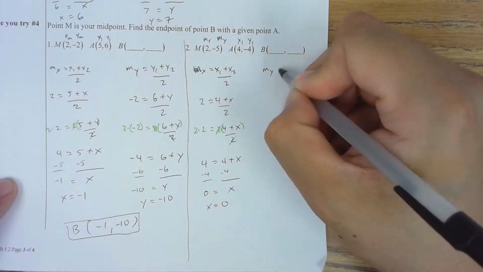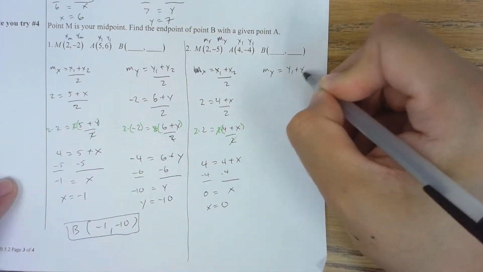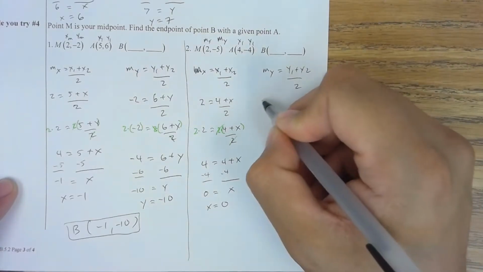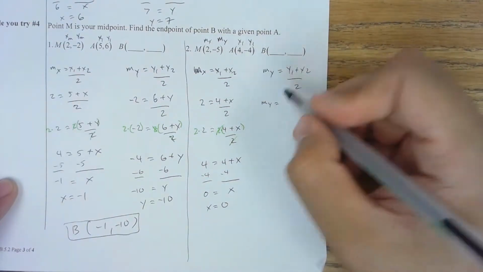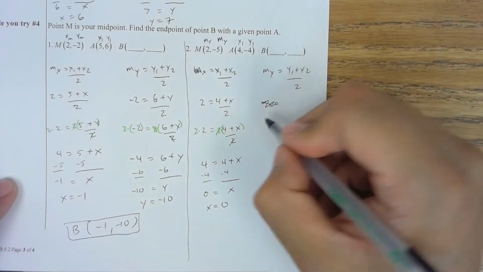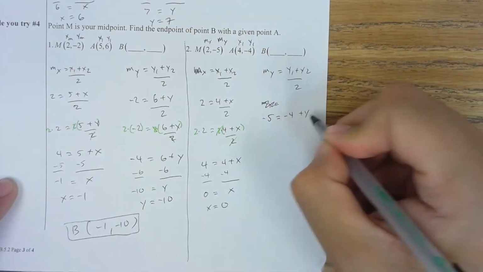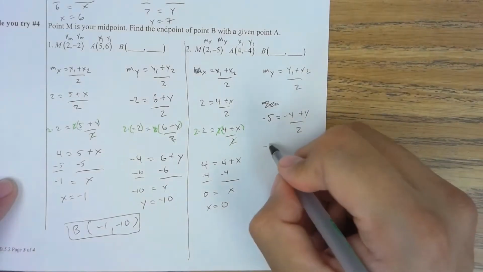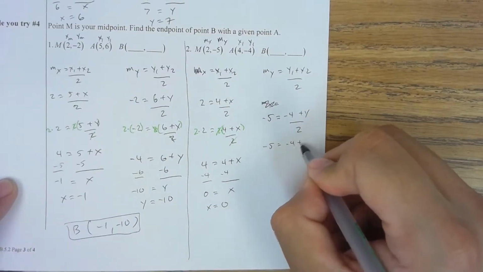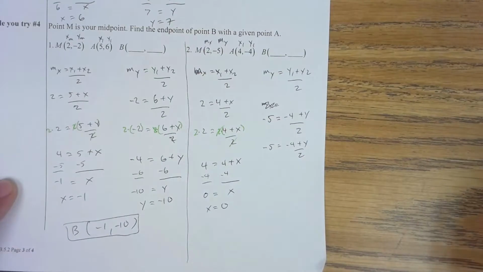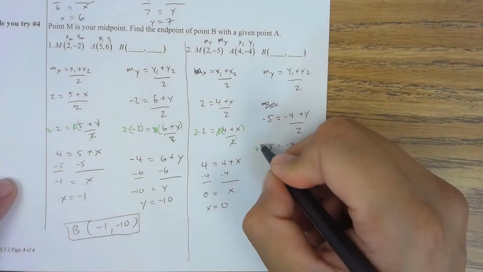So the midpoint of y here is y1 plus y2 over 2. So that will be -5 equal -4 plus y over 2. Multiply both sides by 2.